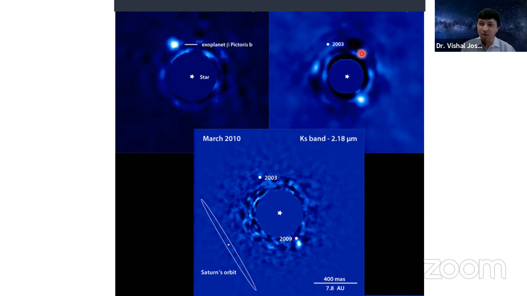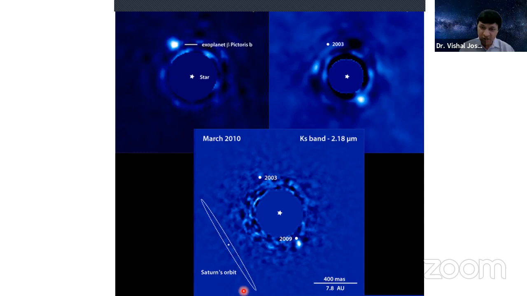When the star was observed again after 6 years in 2009, we can see the planet has moved from the point where it was in 2003 to almost the opposite point in its orbit. So you can compare, the planet has revolved. So actually we have not just detected the planet, we have detected the motion of the planet around the star.